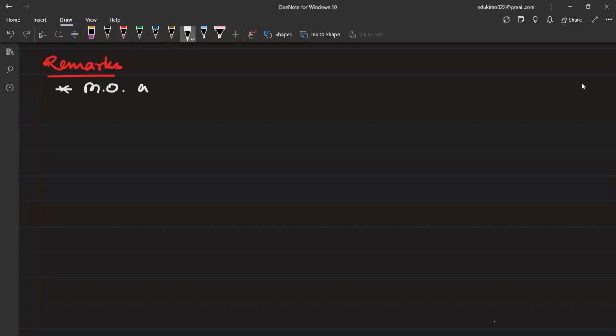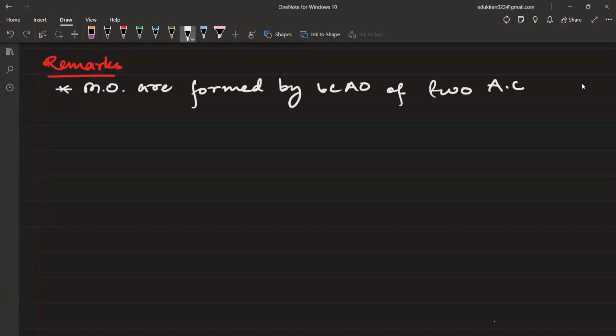Molecular orbitals are formed by LCAO, linear combination of atomic orbitals of two atomic orbitals. Next point, देखिए 1 + 1 is equal to 2, यानी कि अगर दो atomic orbitals अगर मिलेंगे तो you will get what? 2 molecular orbitals.